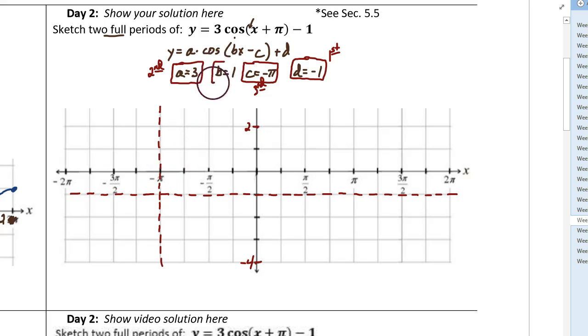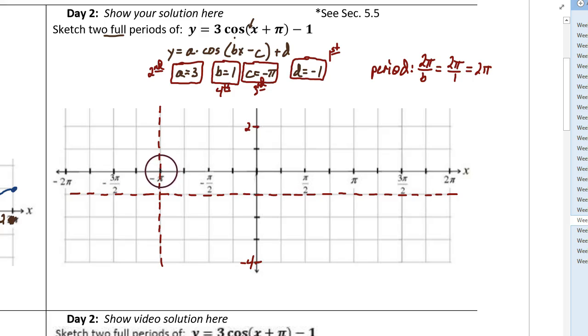Now we're going to look at the value of b. So we're using this one fourth. The value of b is used to find the period. So let's figure that out over here. The formula is 2 pi divided by b. So ours is 2 pi divided by 1, which is equal to 2 pi.